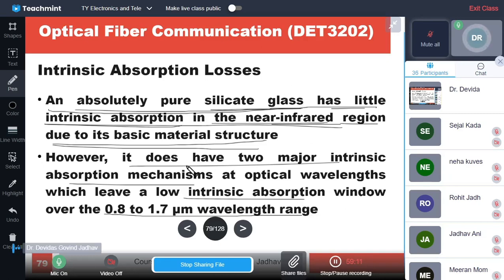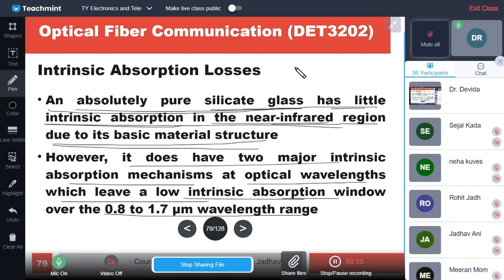So it has infrared region absorption, but it has two major intrinsic absorption mechanisms at wavelengths which leave a low intrinsic absorption window.